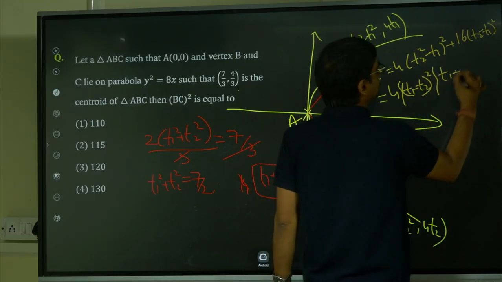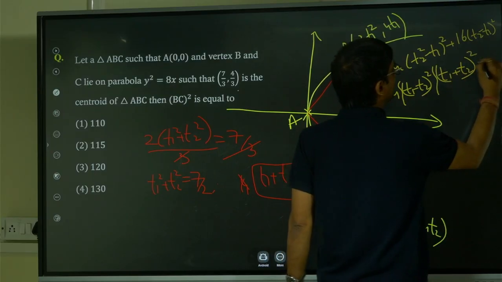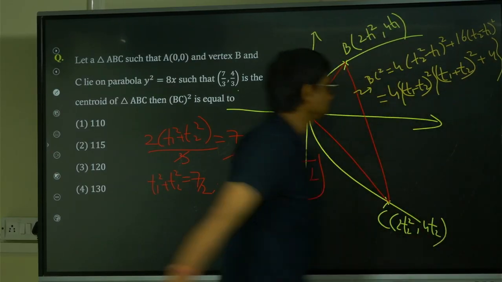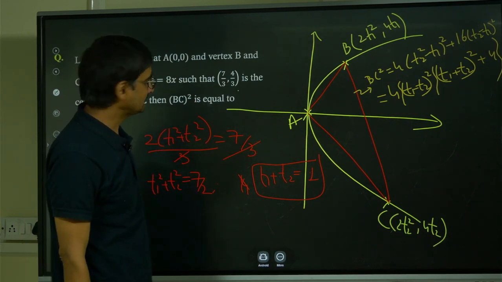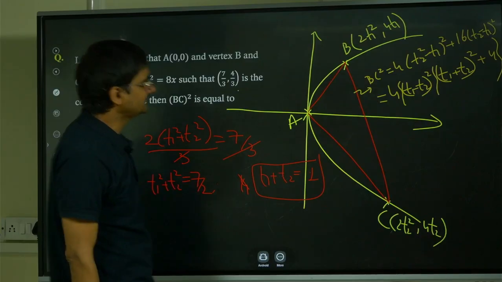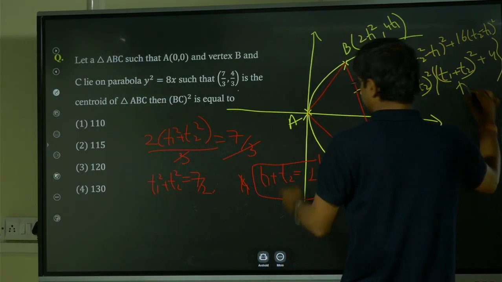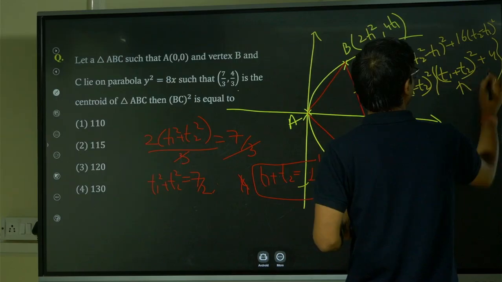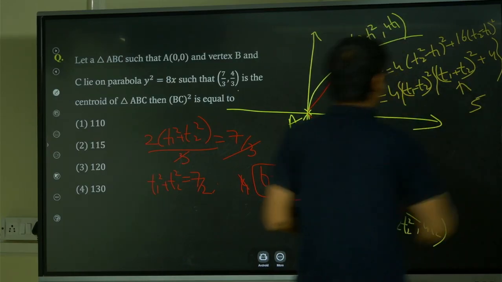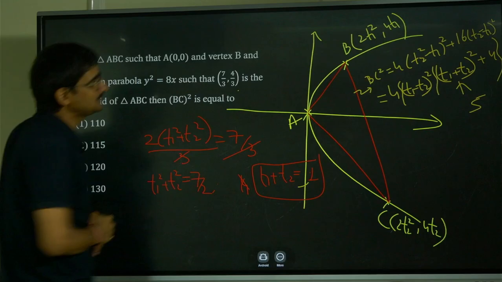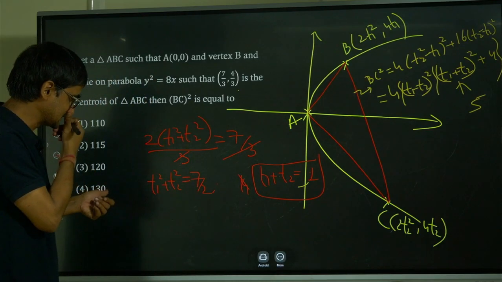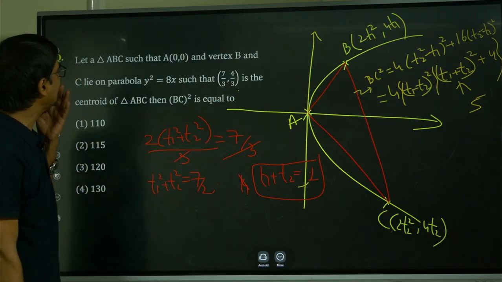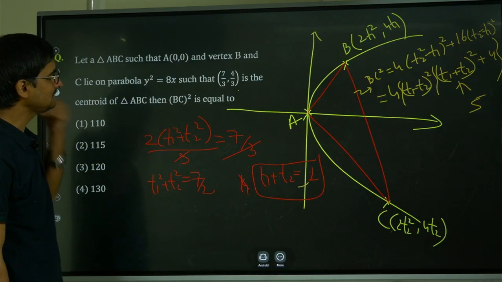This is (t1 plus t2) whole square plus 4. We have t1 plus t2, so we are done. We need t1 minus t2, we are done. t1 plus t2 we directly have, (t1 plus t2) whole square is 1, so this is 5 into 4 into 20, and then we need (t1 minus t2) whole square, which we can easily find with the help of these two, isn't that so?